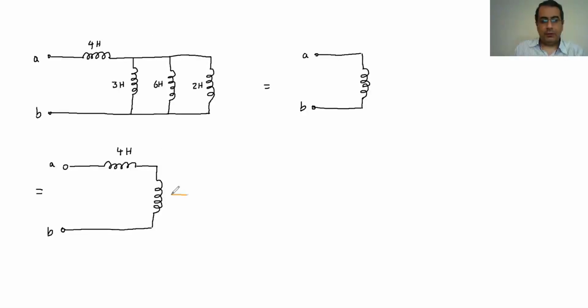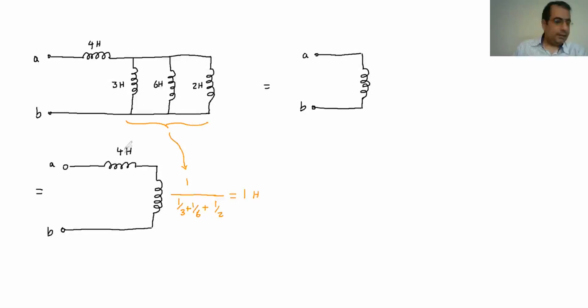So it's going to be 1 over L1 plus 1 over L2 plus 1 over L3, so it's going to be 1 over 1 over 3 plus 1 over 6 plus 1 over 2. So these three are reduced to this single one. And if you do the calculation, it should come out as 1 Henry.